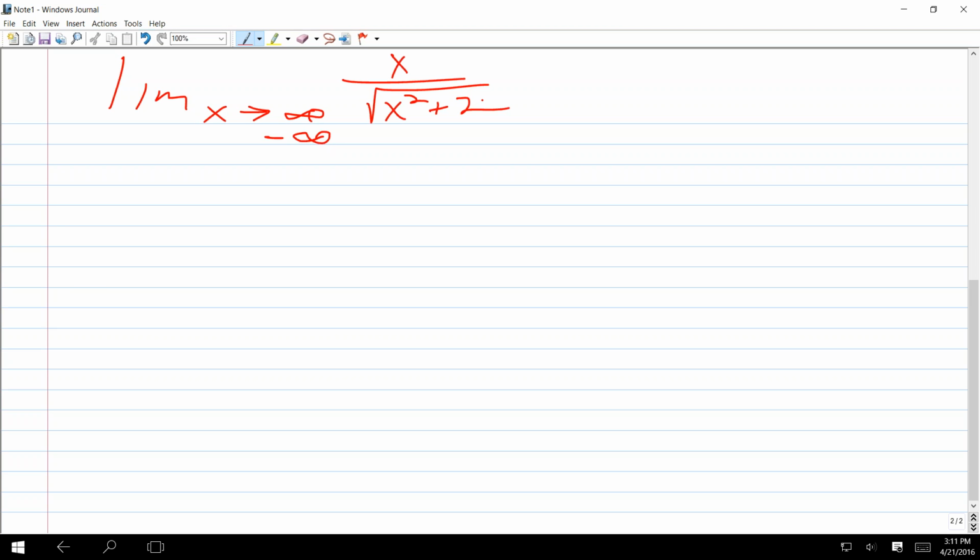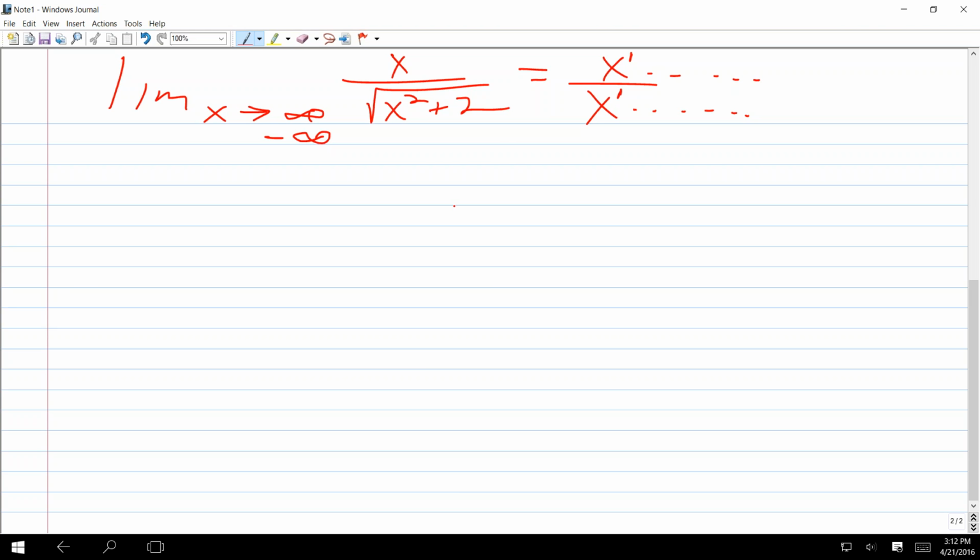But we can see that for all large x, that's the same thing as the square root of x squared, which is x. Which means we're basically looking at x over x. Remember, everything else that comes after does not matter. The only thing you care about is the highest degree of polynomial. And in this case, it's x to the 1 in the top, and it's basically x to the 1 in the bottom, because the square root of x squared is x.